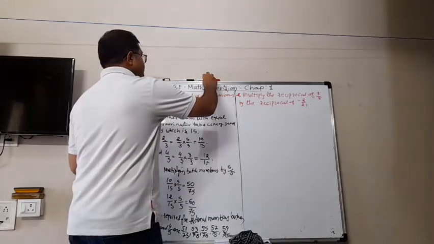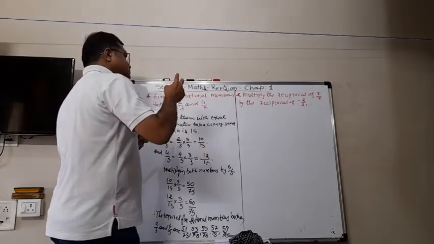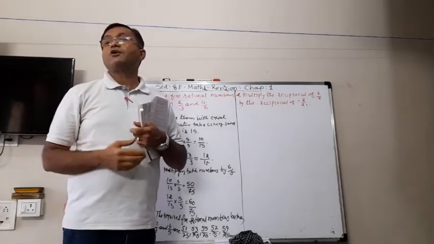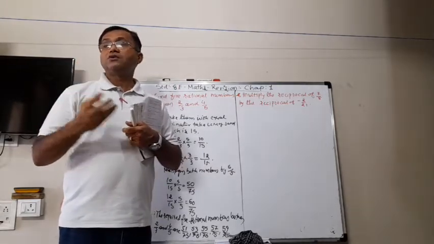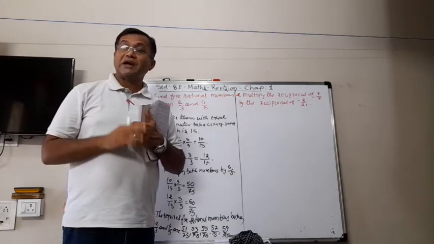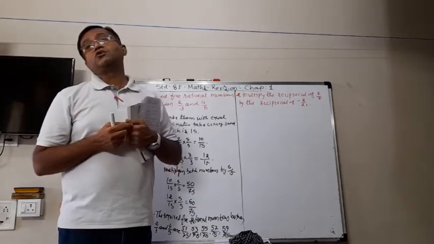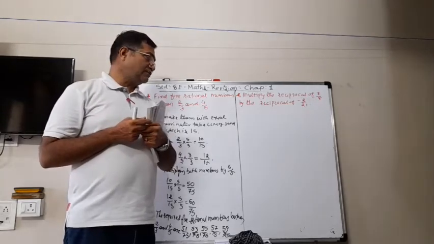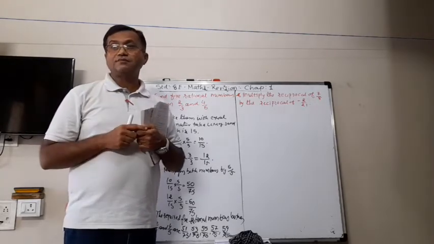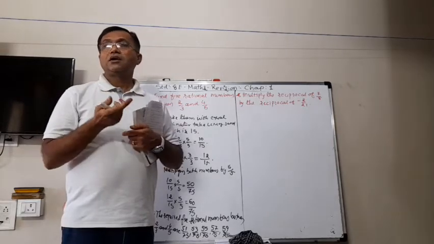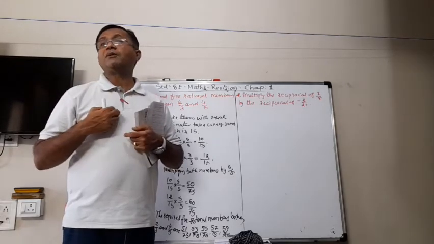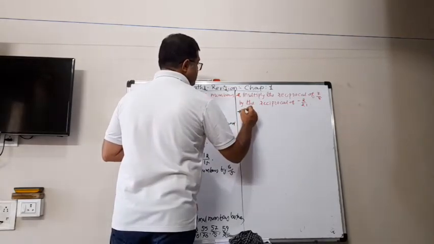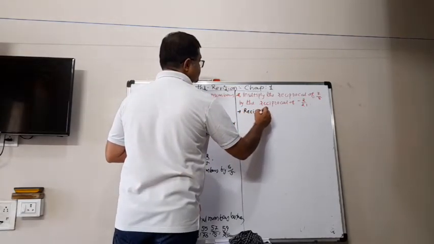So here there can be a test of yours for the reciprocal also, that how you write down the reciprocal first and then do the multiplication, because in reciprocal we don't have to change the sign, only the places of the numerator and denominator.